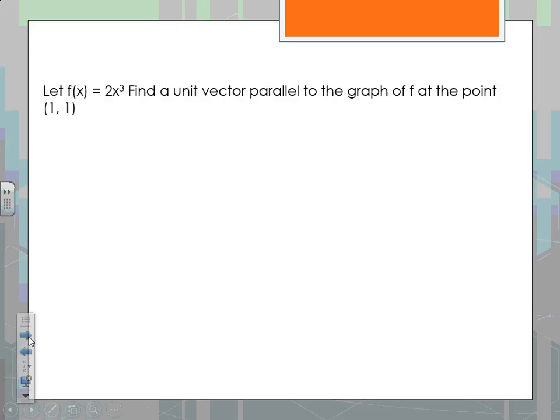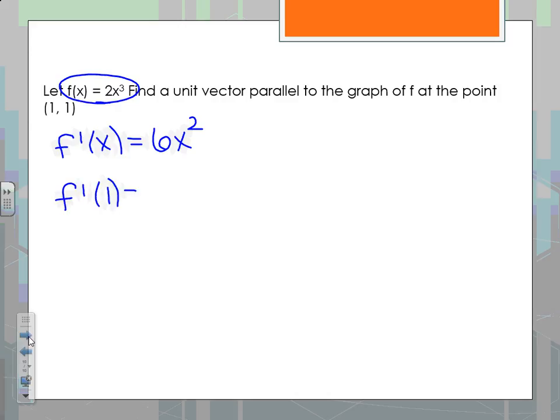So we want a unit vector parallel to the graph at a. Okay, so we need the derivative here, which is 6x squared. And we need the slope at 1, 1, which is 6. Okay.